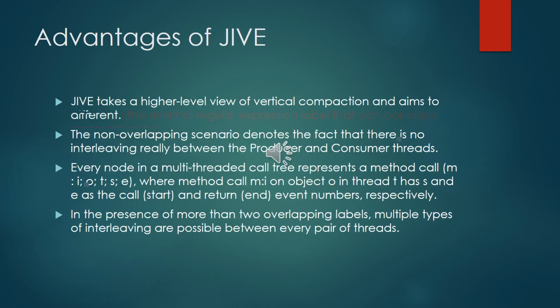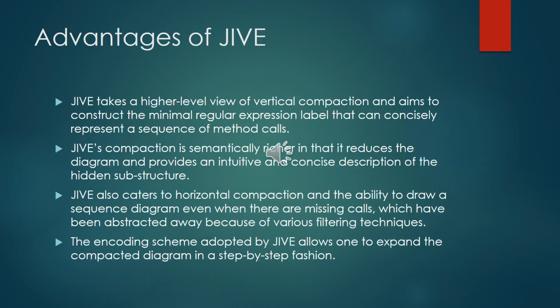Coming to the advantages of JIVE, JIVE takes a higher level view in vertical compaction and aims to construct minimal regular expression labels that can consistently represent the sequence of method calls. JIVE's compaction is semantic, in that it reduces the diagram and provides an intuitive and concise description of hidden substructures.